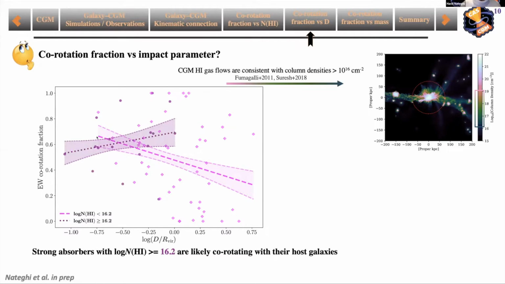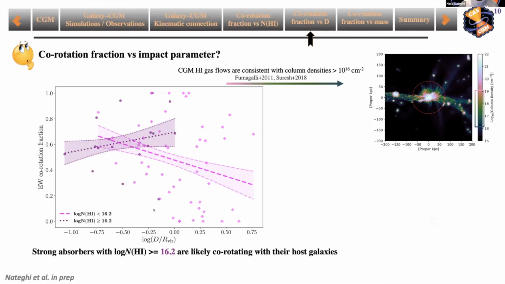Here we can see that the corotation fraction of weak absorbers, highlighted with pink, decreases with increasing distance, but the corotation fraction of strong absorbers, highlighted with purple, increases with increasing distance. So this shows that the stronger absorbers with column densities greater than 16.2 are likely corotating with the host galaxy.